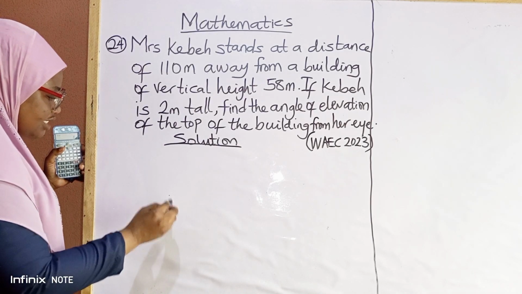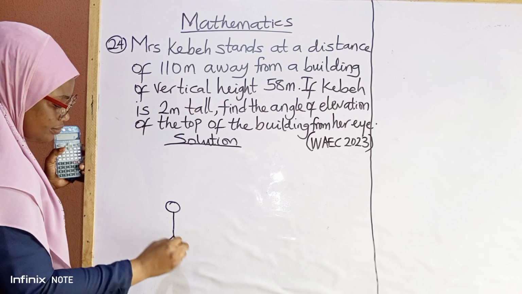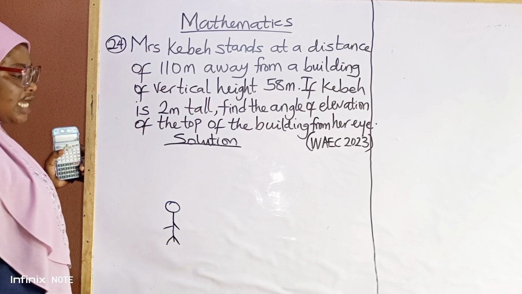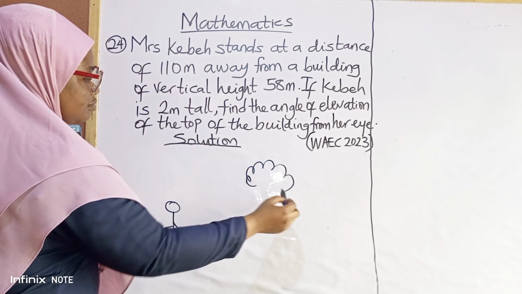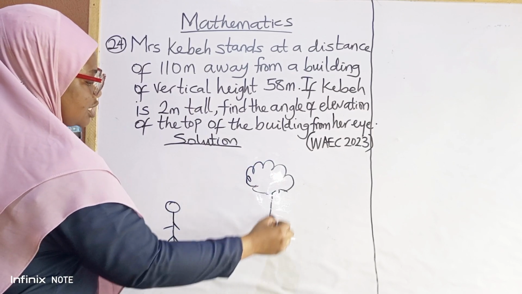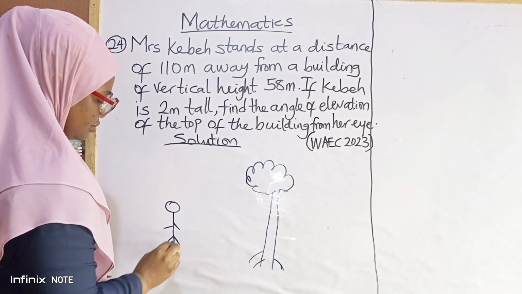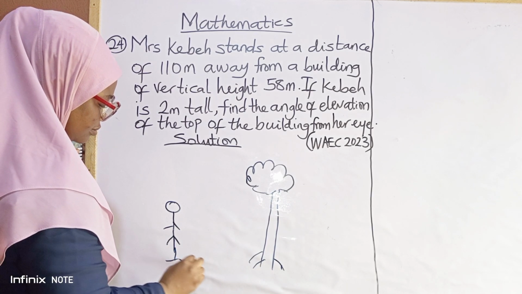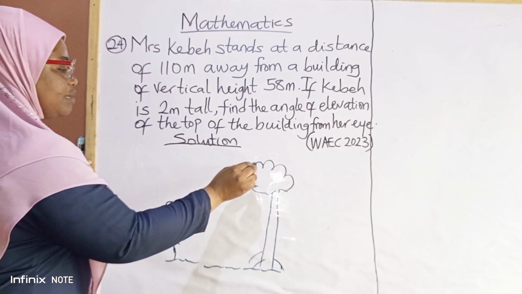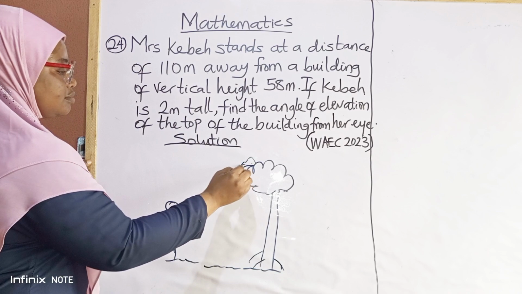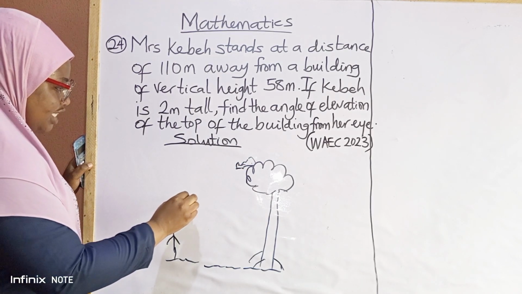Let's say there is a boy or anybody here, and let's say there is a tree. See, this is the land. Now there is a bed here. So this person is looking at this bed.